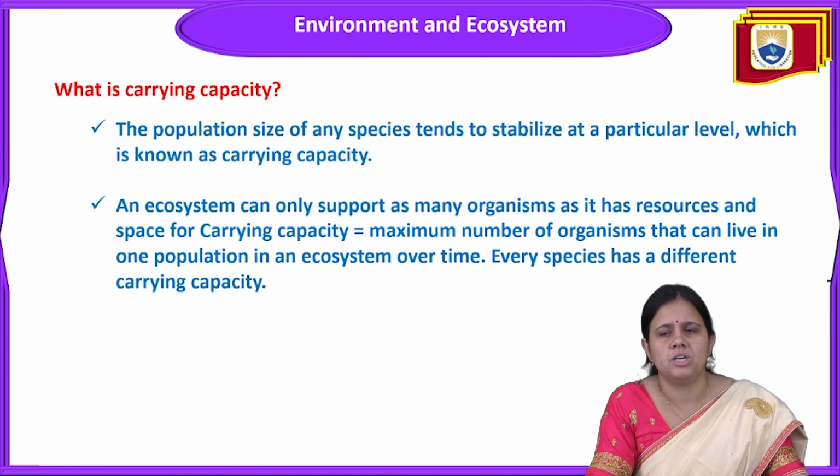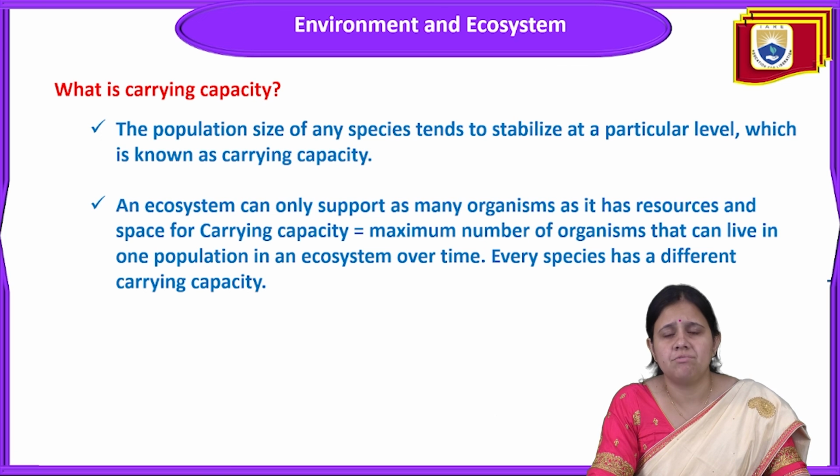Carrying capacity is equal to the maximum number of organisms that can live in one population in an ecosystem over a particular time. This is called the carrying capacity of that ecosystem. It means the maximum number of individuals that can survive in one population in a particular ecosystem.